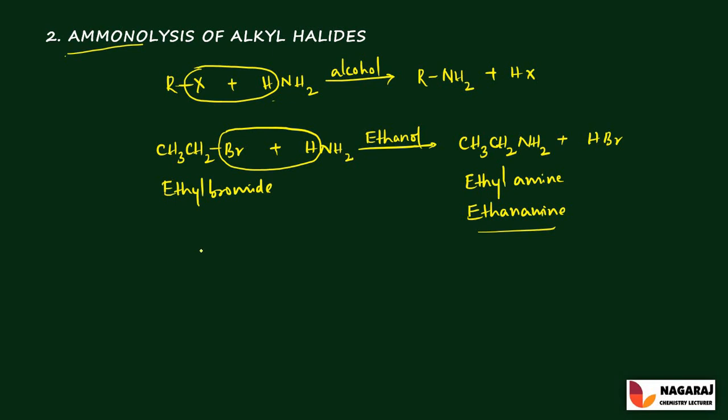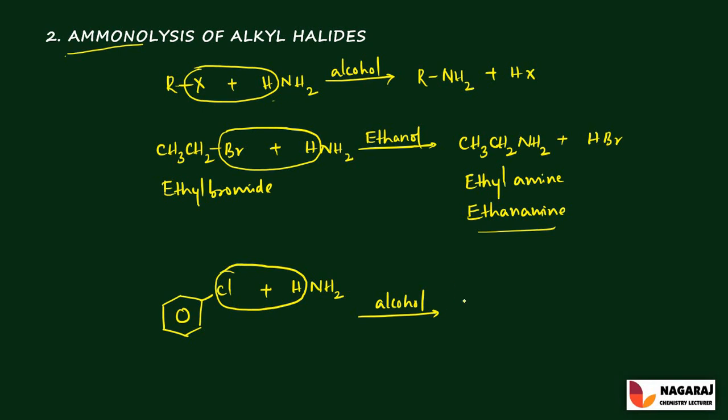When benzyl chloride, C6H5CH2Cl, is heated with ammonia, and the reaction takes place in the presence of an alcohol, there is an elimination of H and Cl.